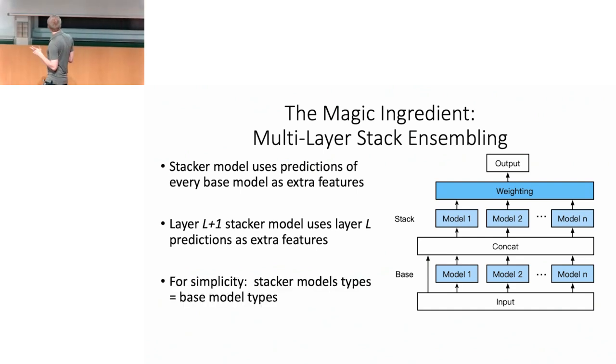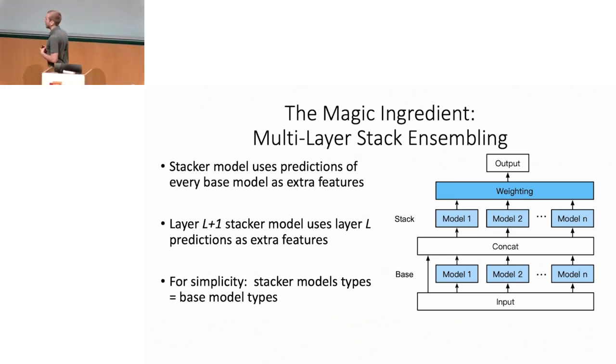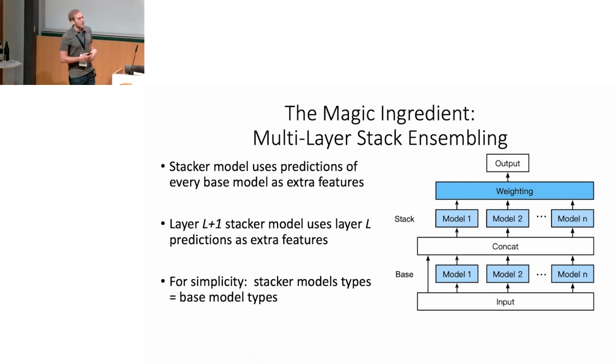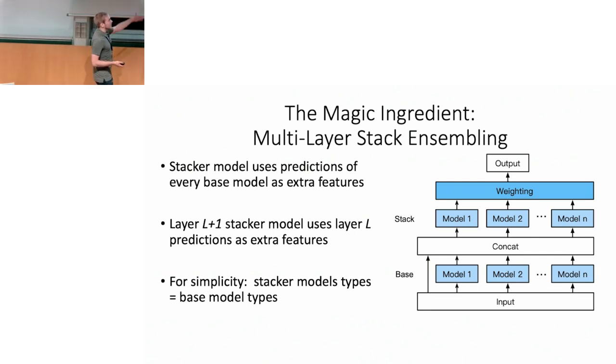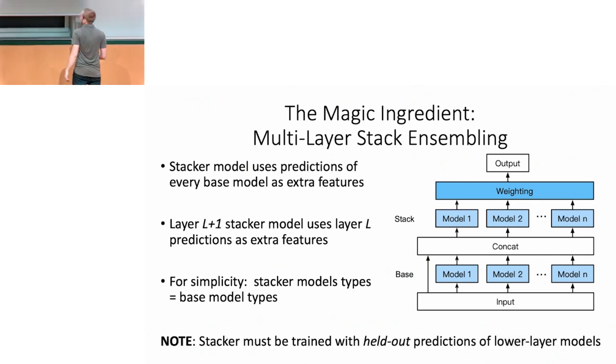So for simplicity, stacker model types are the same as the base model types in AutoGluon. Basically, we say, okay, if we have a strong set of models that are good at solving machine learning problems, basically, we've created another machine learning problem with additional features, so we're going to use those same types of models. And yeah, this is that nuanced thing, but let's not worry about that right now. But basically, this ends up working, and this is also what is done in Kaggle.